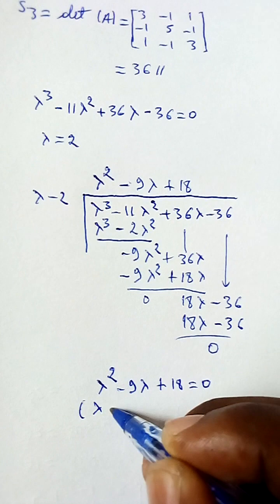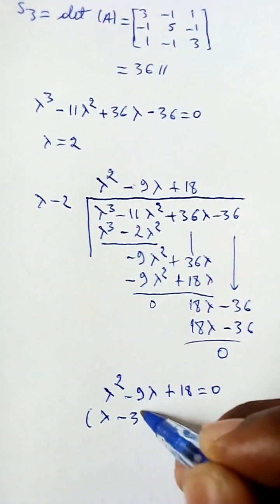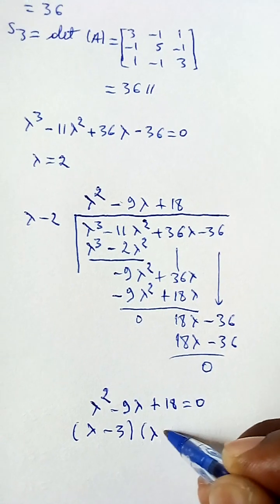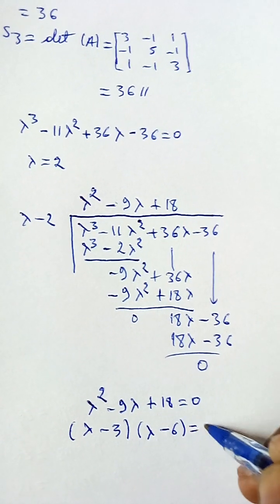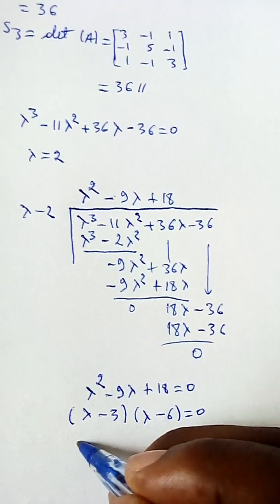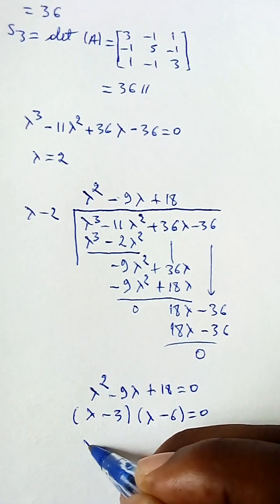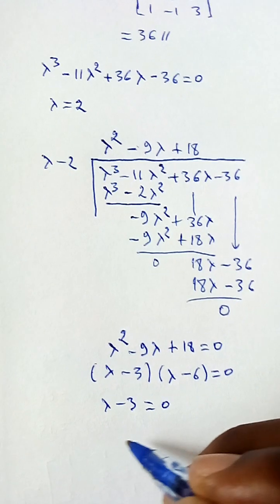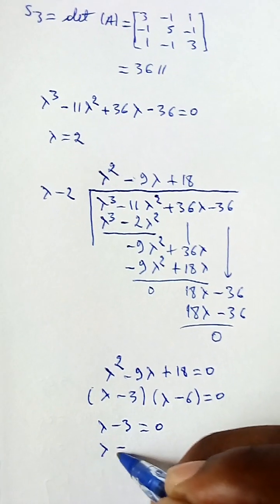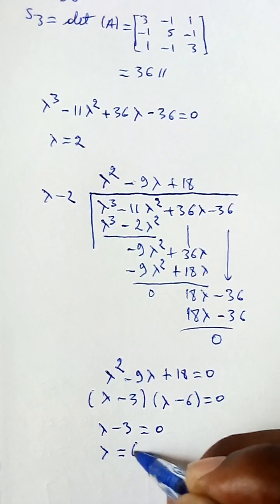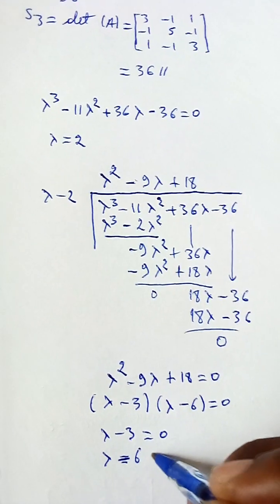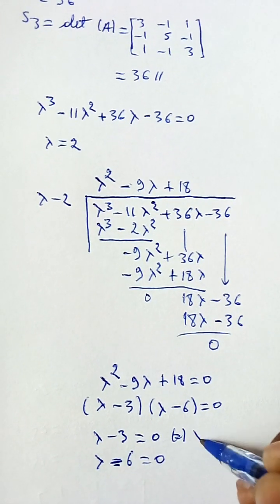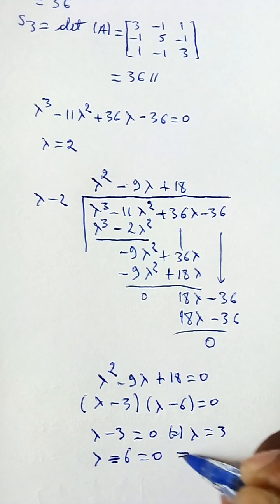Lambda minus 3 times lambda minus 6 is equal to 0. Lambda minus 3 is equal to 0, and lambda minus 6 is equal to 0. Lambda is equal to 3.